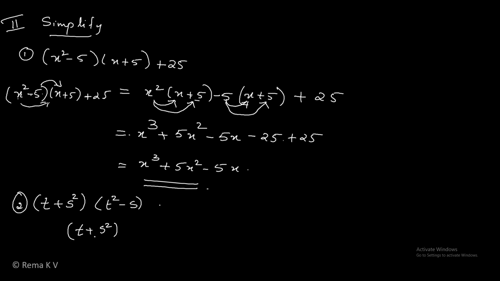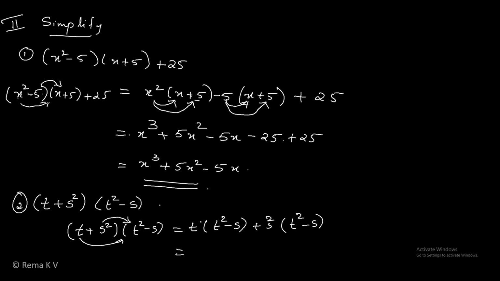(t + s²)(t² − s) is equal to, the first term here is t multiplying with t² − s, and the second term is plus s² multiplying with t² − s.